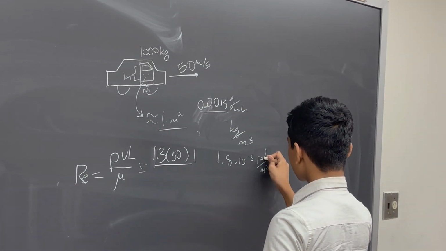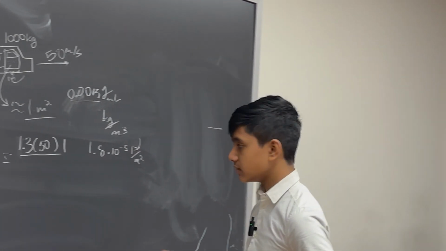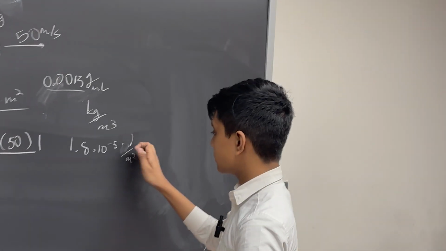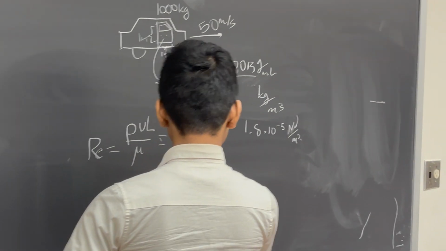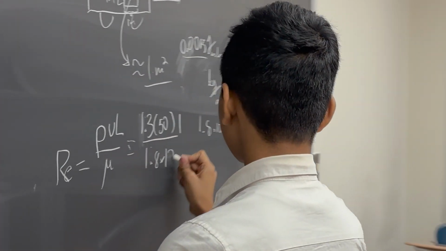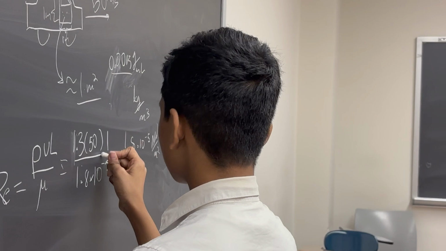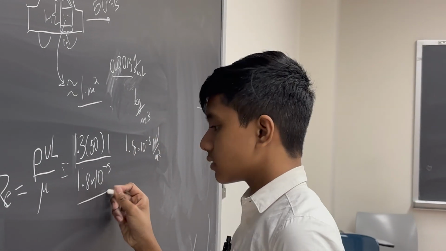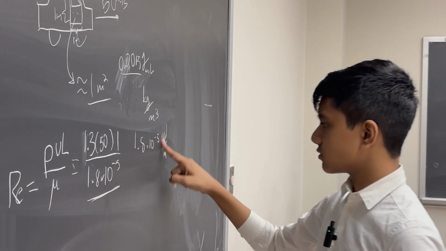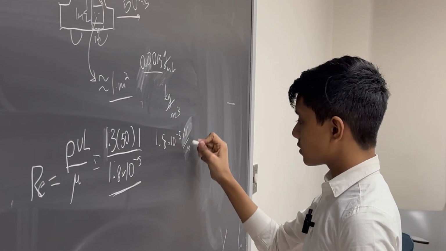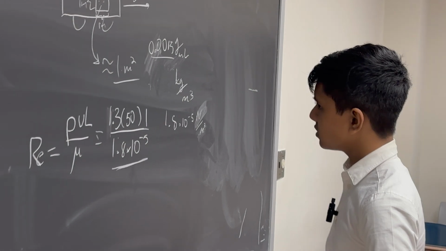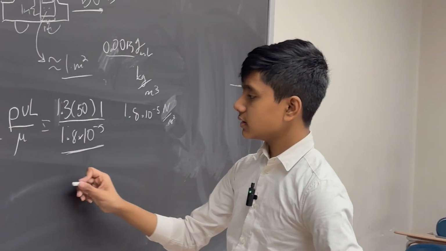And yes, believe it or not, this works the exact same way as just saying newtons per square meter. Wait, pascals is pressure. I don't know why I put newtons.